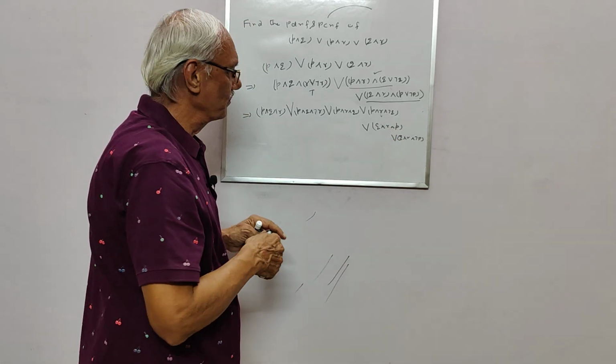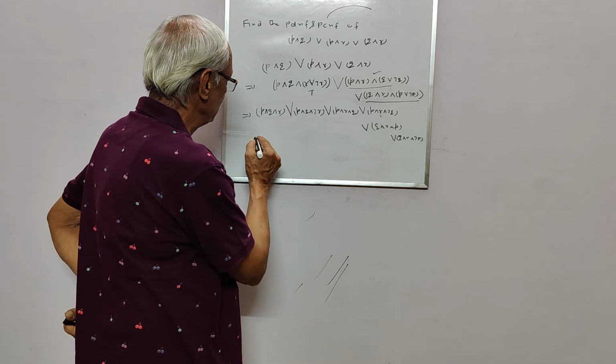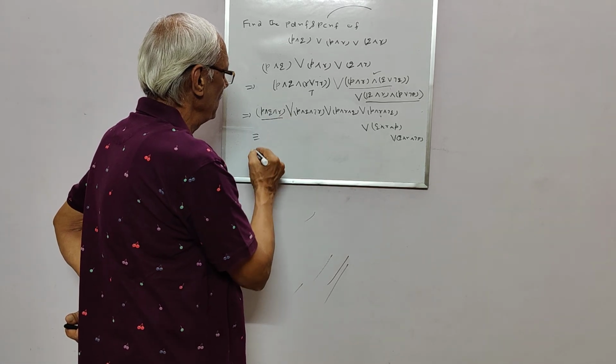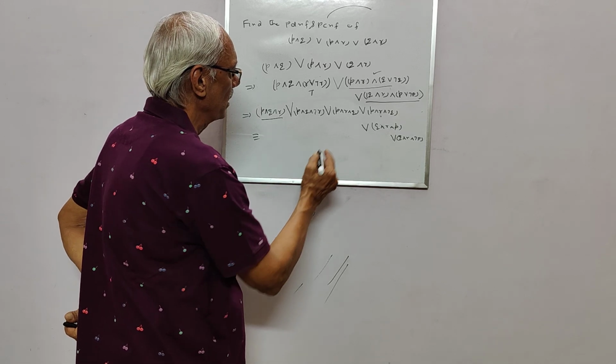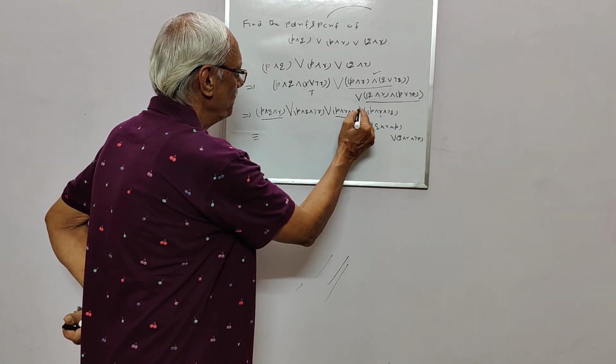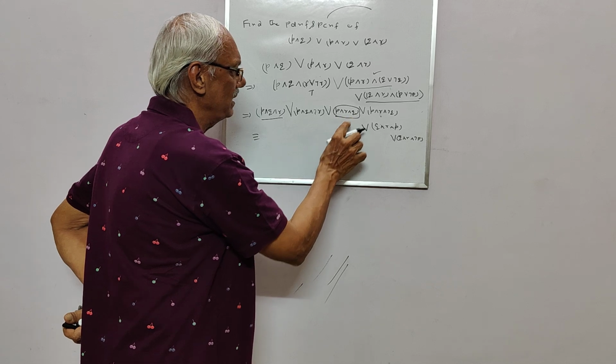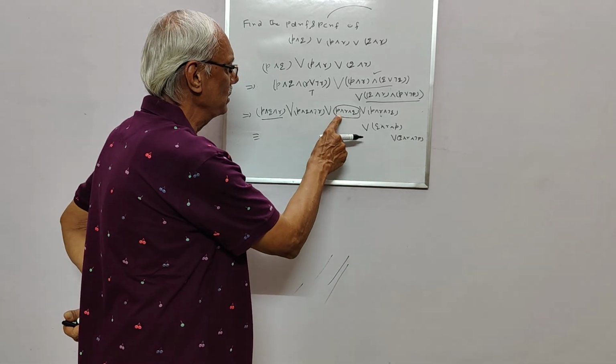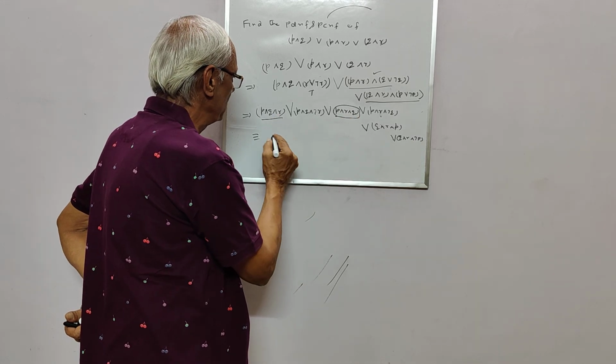After writing this, now you collect the terms. So this is identically equal to both. See, there is P conjunction Q conjunction R. Here there is one more P conjunction Q conjunction R. You can rearrange them.